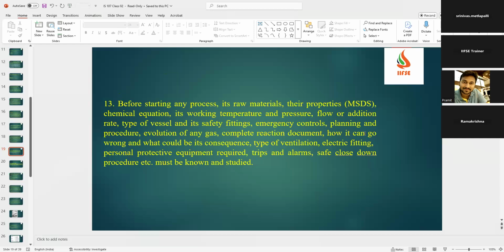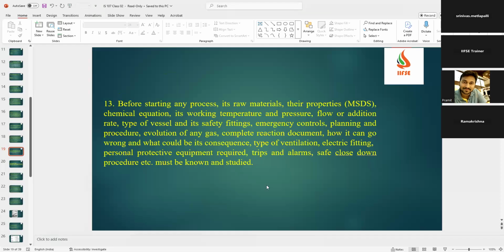When I say exothermic reaction, it means a sudden increase in temperature, where the temperature rises to more than 10 times the reaction temperature. So we should know, in case of an exothermic reaction, what action the operator has to perform.